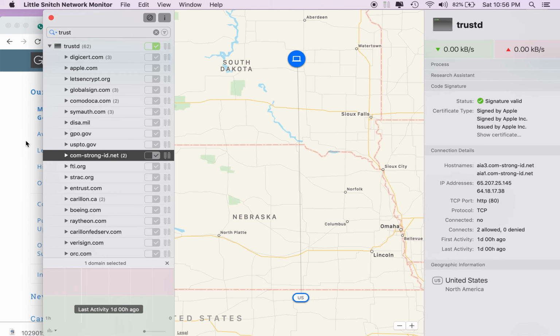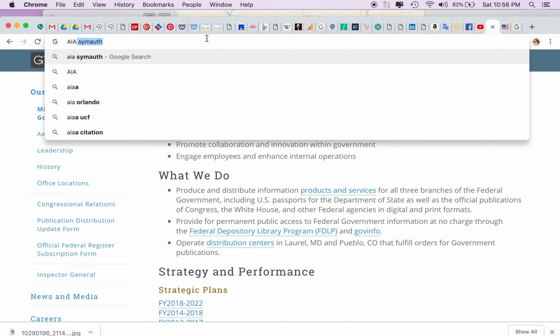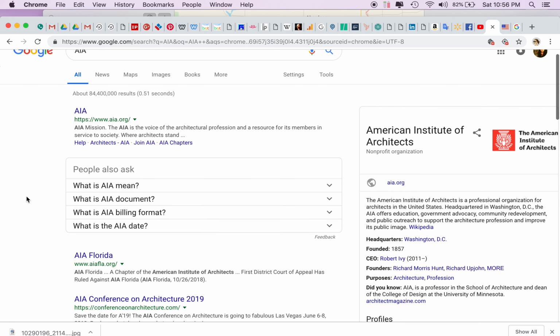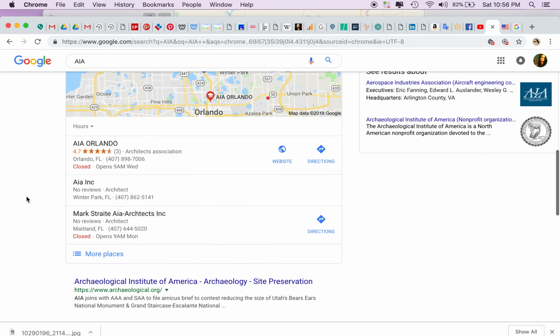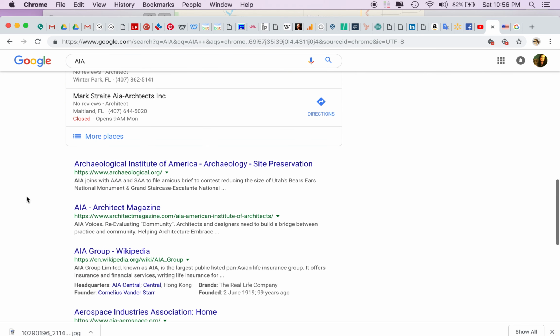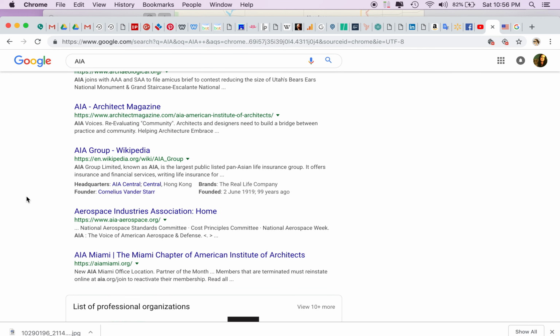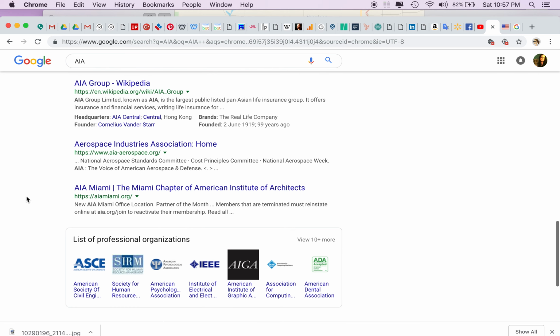Okay, so AIA, again, what does AIA stand for? All right. I know this is not architects. Okay. Aerospace Industries Association? Possibly. I'll have to look a little bit more into that.